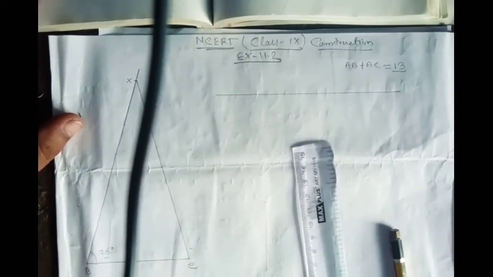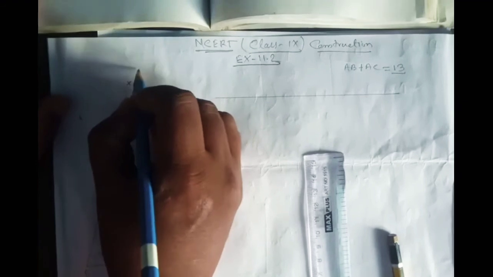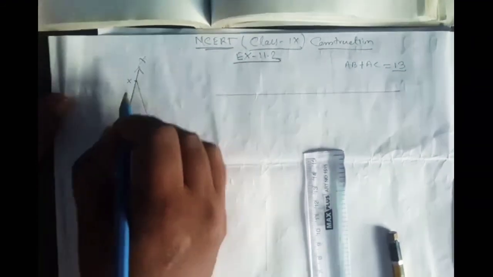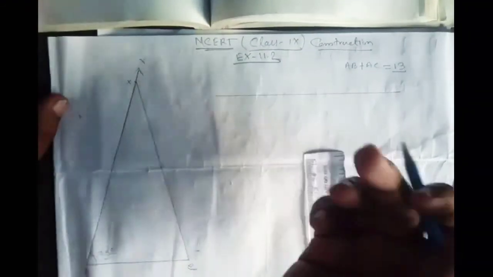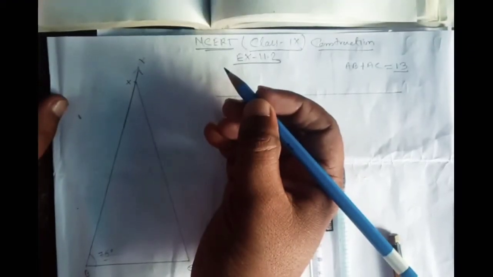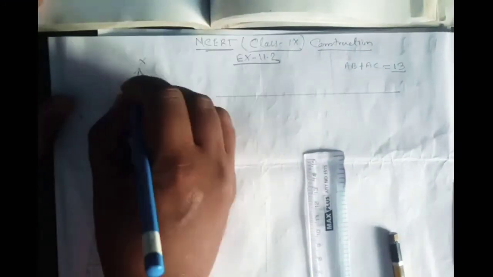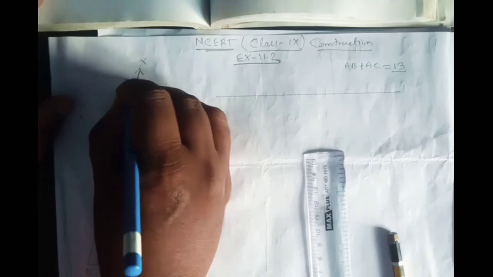Now in the next step, we are naming this ray as X, and this point as D. Understood?